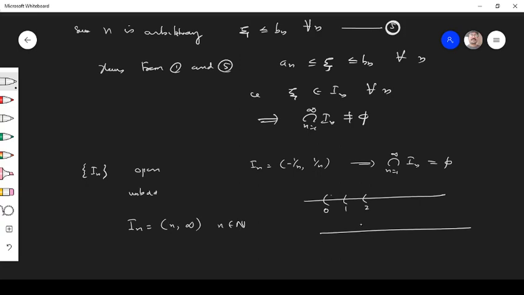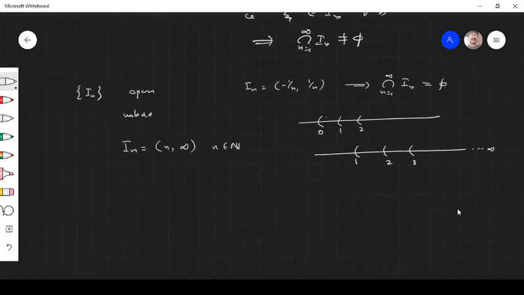You take the open interval (1, infinity) as the first, I1, and the next interval is (2, infinity), the third interval is (3, infinity), like that it goes. Clearly it is nested, because (1, infinity) contains (2, infinity) contains (3, infinity), and so on.